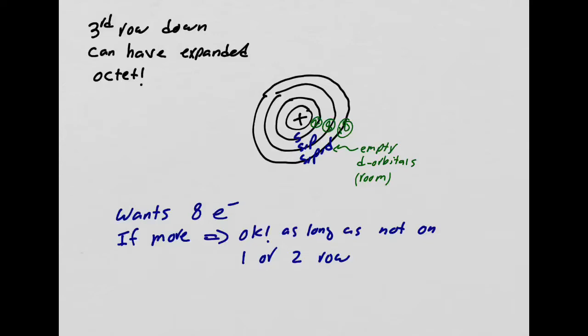And why is that? On the first and second energy level, the max you can have is 8, right? I don't have any more room to put the electrons if I end up having more than 8 electrons.